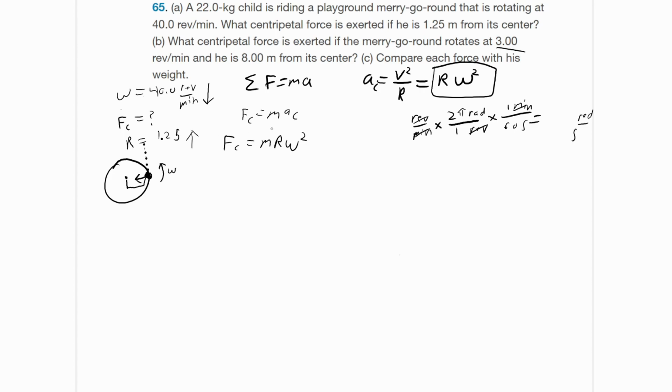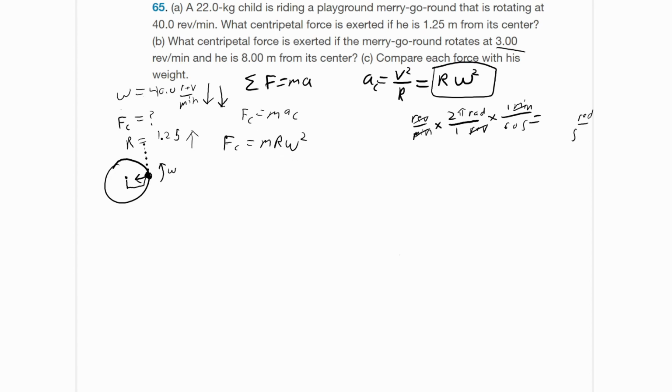Right now, we can make some predictions of what's going to happen with the force. Looking at this equation, we have the radius and we have angular velocity squared. So angular velocity is being squared, which means any change in angular velocity is going to be magnified much more. It's going down by a large amount and is being squared. That is going to magnify the difference.